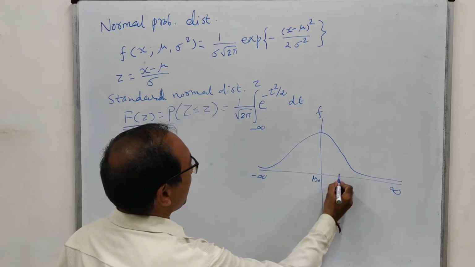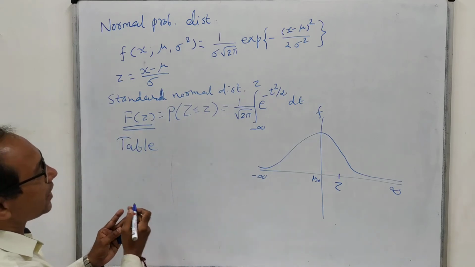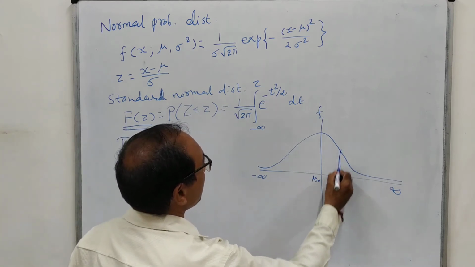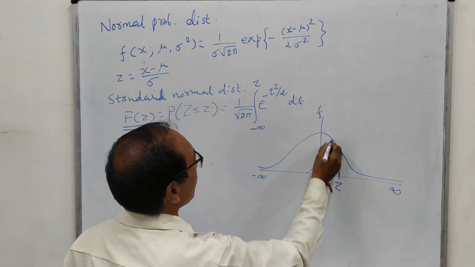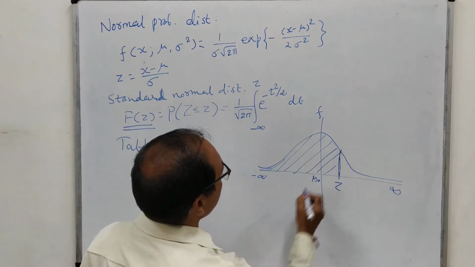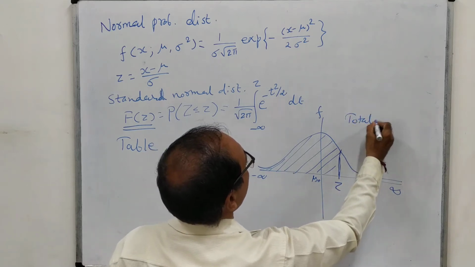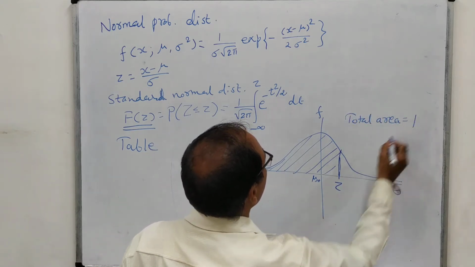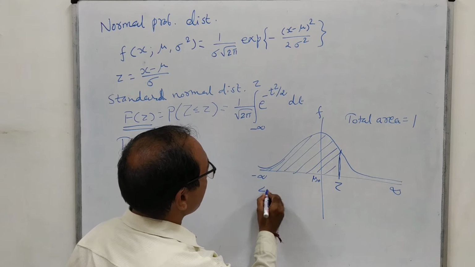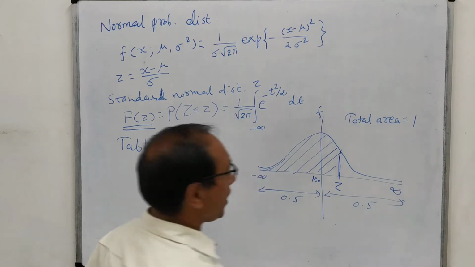If we want to find the value of z, that means z less than or equal to z, it is the cumulative probability from minus infinity to z, which is the area on the left hand side of z. We also know that the total area of the whole curve is equal to 1, so half of the area is 0.5, the area from this one to this is 0.5, and from this one to this is 0.5.